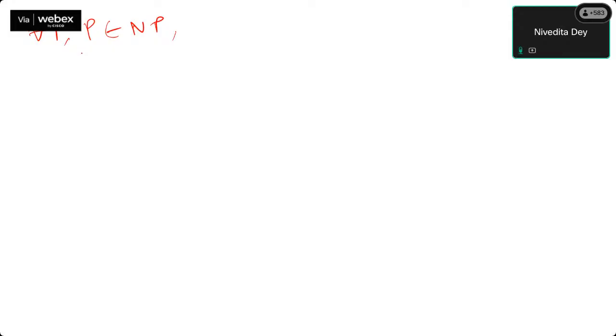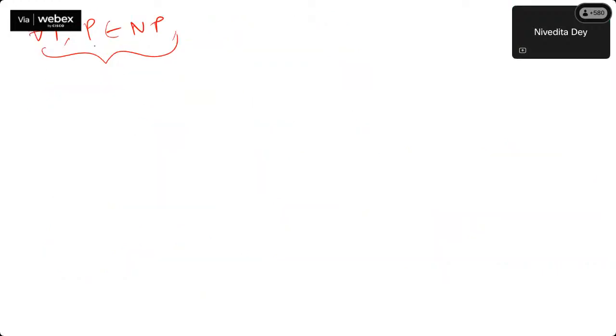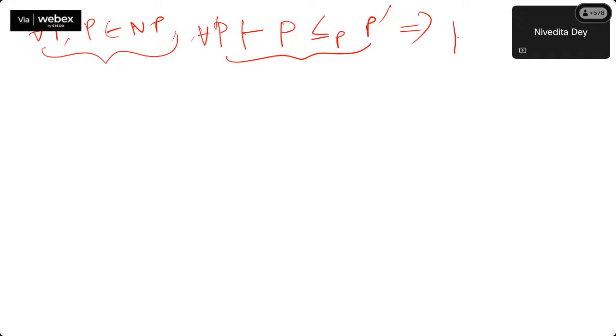Right now I'm referring to all problems that belong to the NP class, P. For all of them, if P is polynomial time reducible to P dash, then P dash is, or alternatively, for all P, P dash is polynomial time reducible to P, then P dash will be called an NP-hard problem.